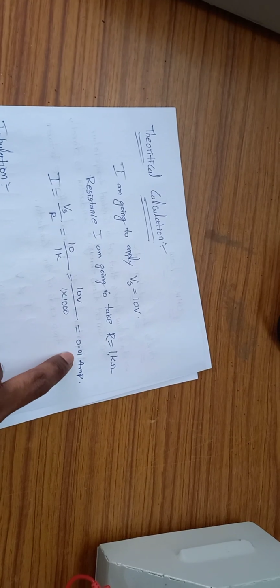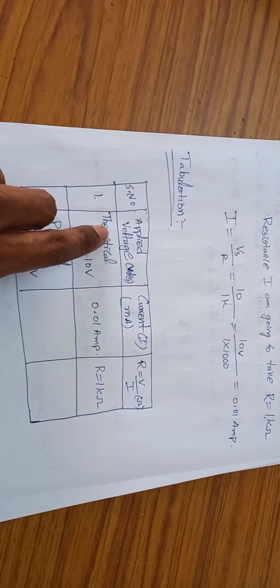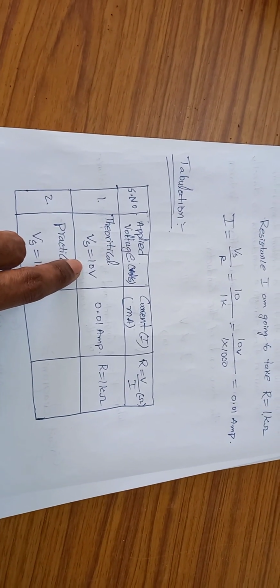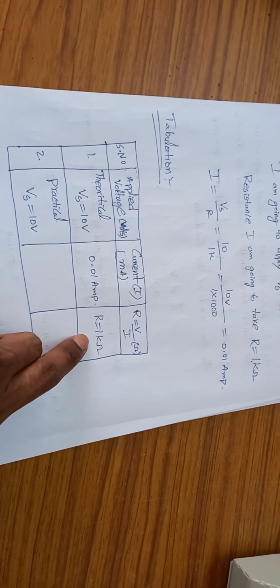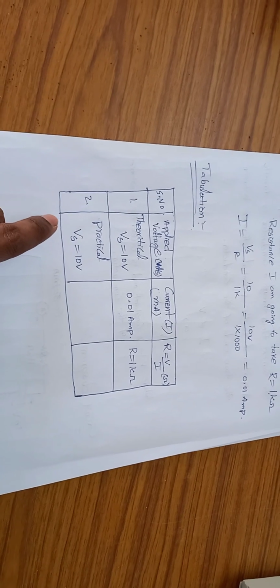I substituted those values and got 0.01 amperes. So theoretically, the power supply is 10 volts, the current is 0.01 amperes, and the resistance is 1 kilo ohm. Then we will observe how much voltage we get across the resistance, the current, and the resistance value.